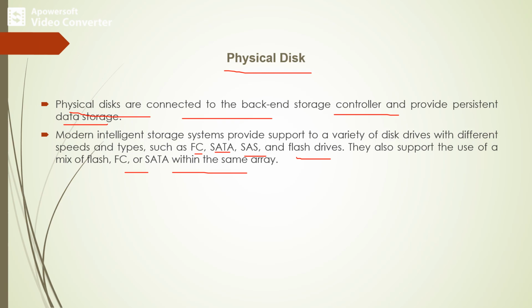After the cache, the backend comes, which has the backend port as well as backend controller, and the last component is the physical disk. These physical disks are connected to the backend storage controller and provide permanent storage of data. Here we can make use of different storage systems to get a variety of disk drives with different speeds as well as types.